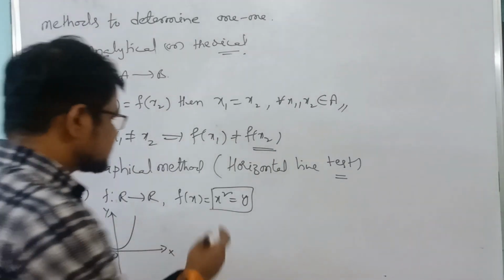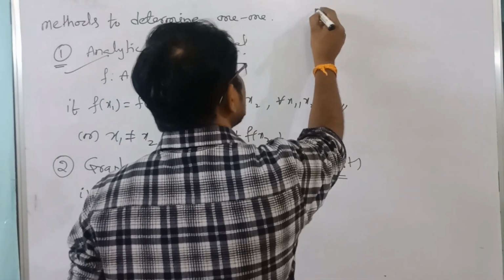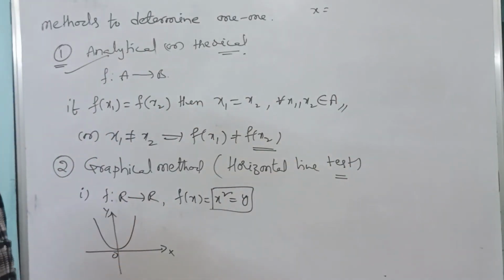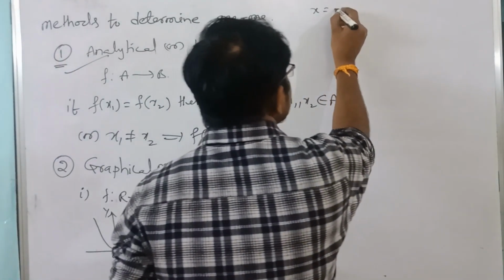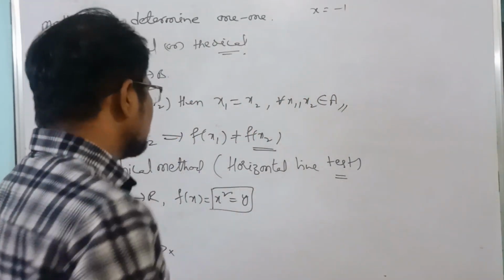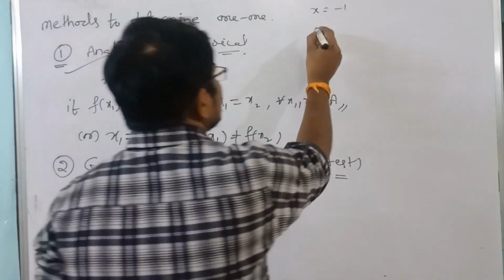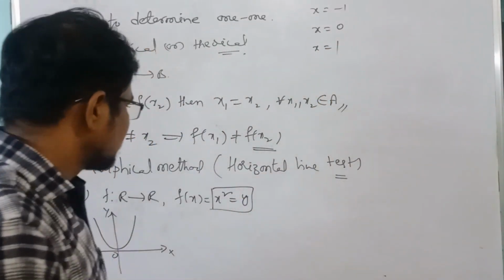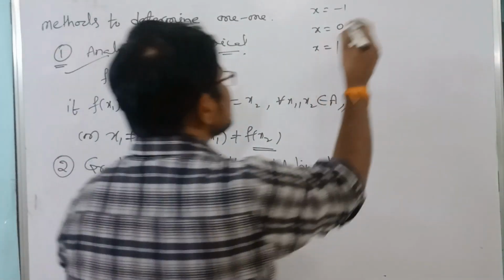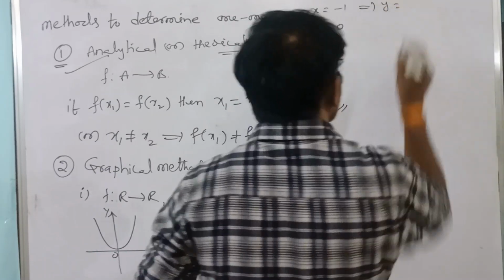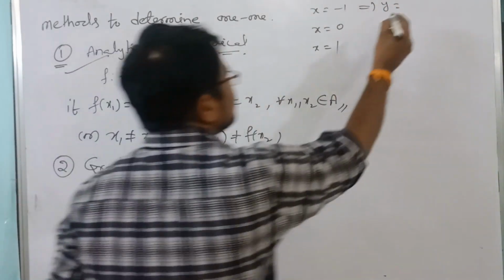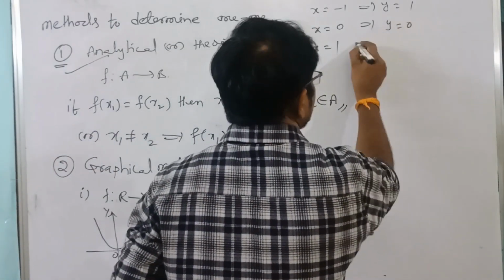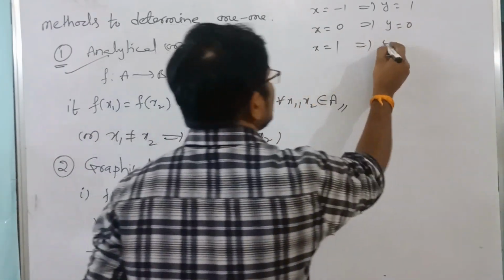Suppose x is mapping from real numbers to real numbers. I will take x equal to -1, 0 and 1. If x is -1, y is (-1) whole square, 1. If x is 0, y is also 0, and if x is 1, y is also 1.